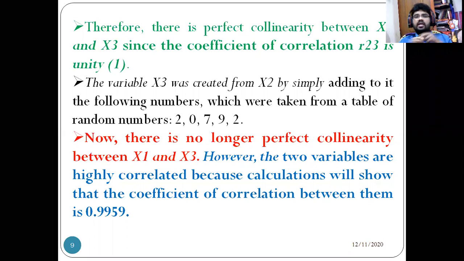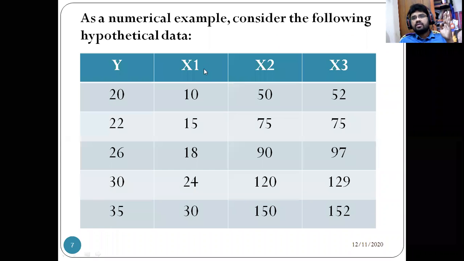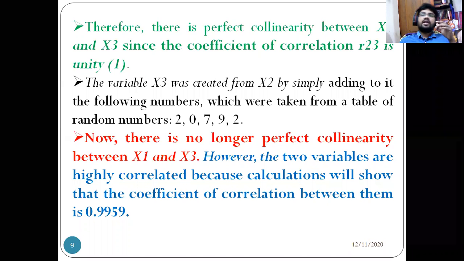For example, there is no longer perfect multicollinearity between x1 and x3. As I told you, x1 and x3, this one and this one. If you run the correlation matrix, you may get a less correlation, but it may no longer be perfect, nothing but the two variables may not move together in the long run.